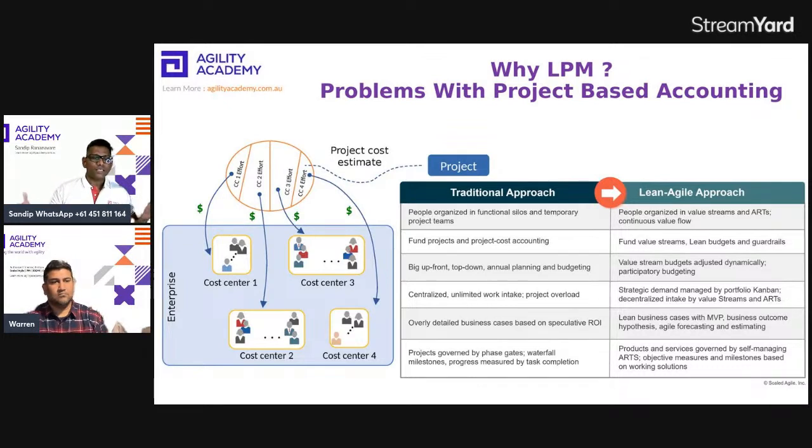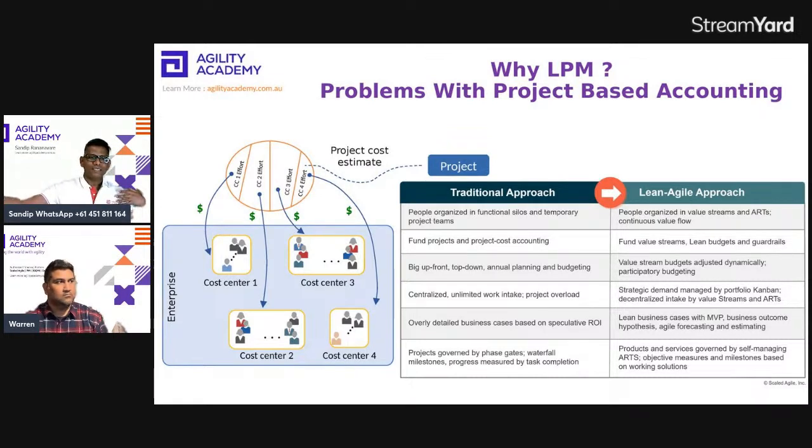Now what happens in such cases? You lose the momentum, you struggle, and you have to justify why those people, why those teams need to be working on your project. With the traditional approach, another challenge is that you always assume you know everything upfront. Like when you are in January 2023, you know what is going to happen by December 2025.